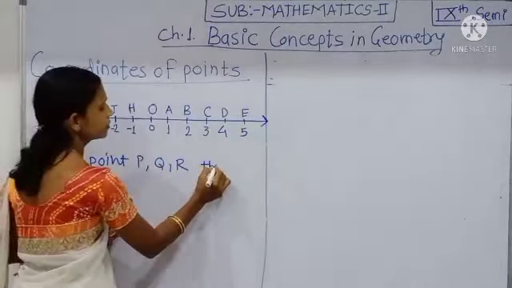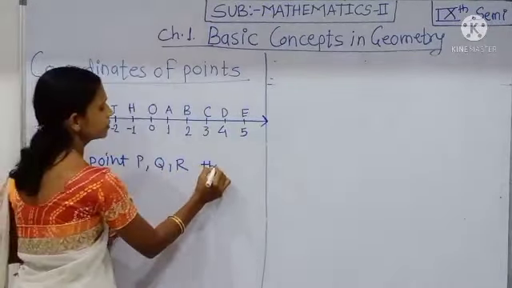See here, one of the possibilities is that point Q lies between P and R. That means points P, Q and R are collinear, and point Q lies between point P and point R, and we can write this as P-Q-R.